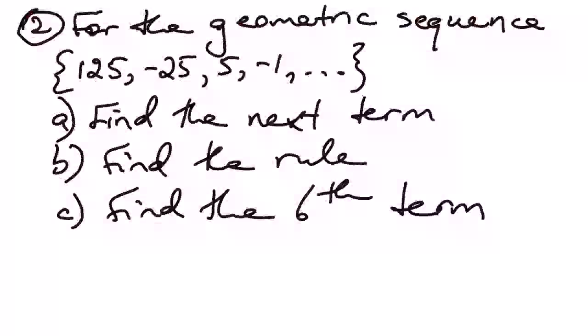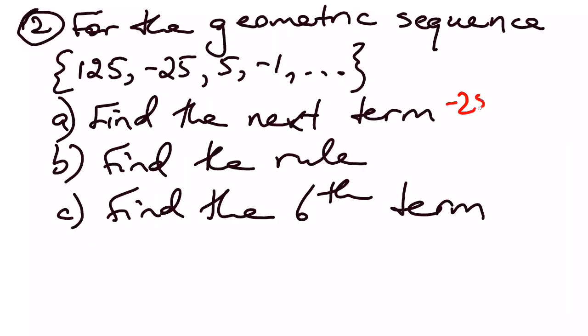Last question, I believe. I can skip that slide. For the geometric sequence, find the next term, find the rule, and find the sixth term. Well, in order to find the next term, I have to work out what I'm multiplying by. And actually, it looks like it must be a fraction because I'm going from 125 to 25. And this is how I do it.